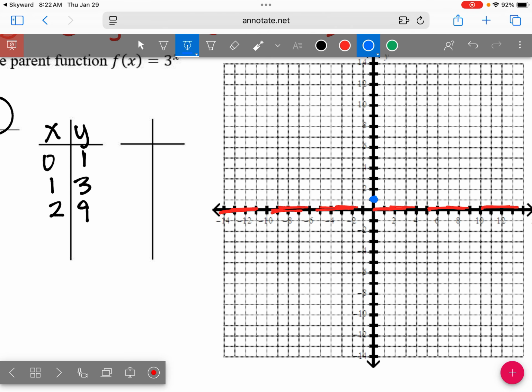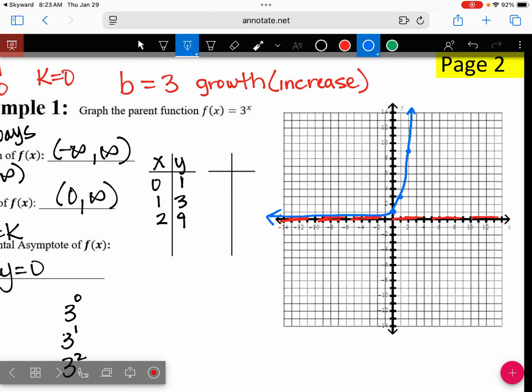At the 1, I'm going up 3. At the 2, I'm going up 9. So this is what the graph is going to look like. And it gets really close to the asymptote. That's what our graphs will look like.